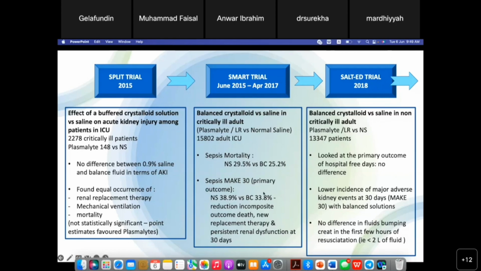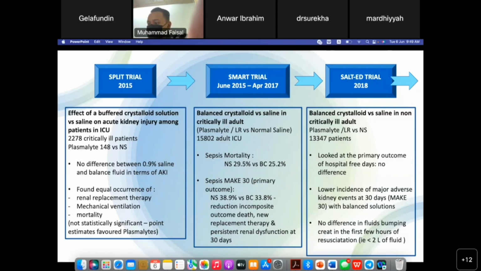Okay, so we can see here dekat trial ni, it shows that there is a reduction in the composite outcome of death, new RRT, and also persistent renal dysfunction at 30 days, actually better in balanced solution. So dia pro balanced solution lah.